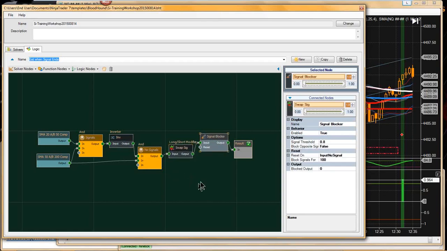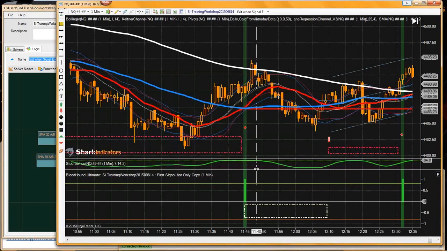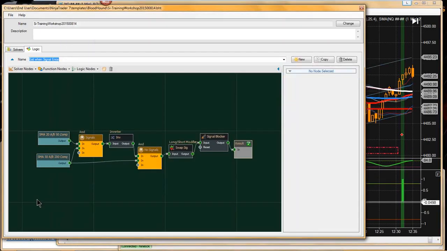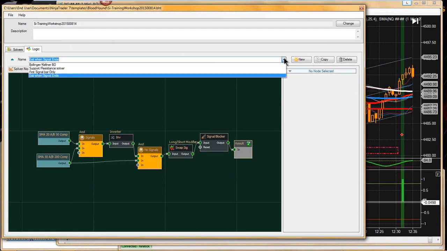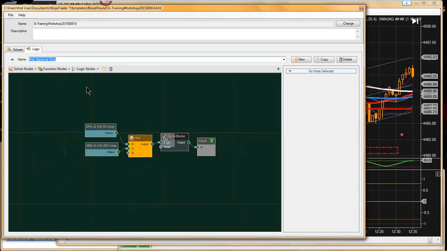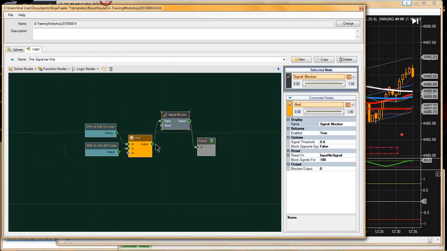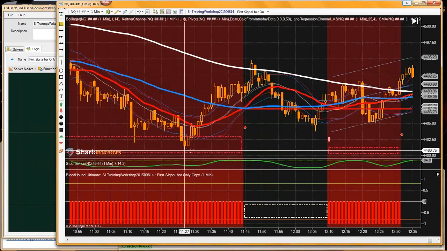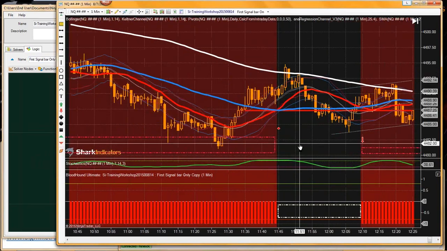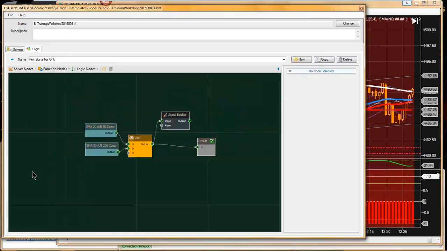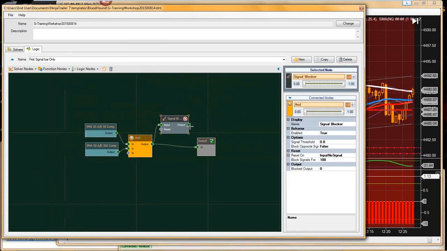So that's how we got the areas where the signals end. And for anybody else, if you've got a system that gives you a bunch of signals like this in a row, and you'd like to clean it up, that's what the signal blocker does.